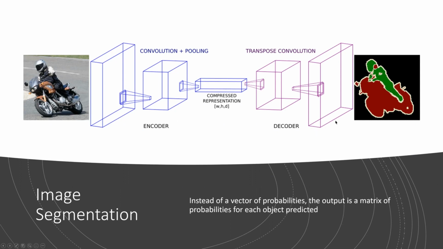We are going to end up with several matrices of probabilities for each one of the objects we have here. When you convert to classes, you're going to have the image segmentation. In this case, it's classifying what is the pilot and what is the motorcycle in here. And everything that is not is in black.